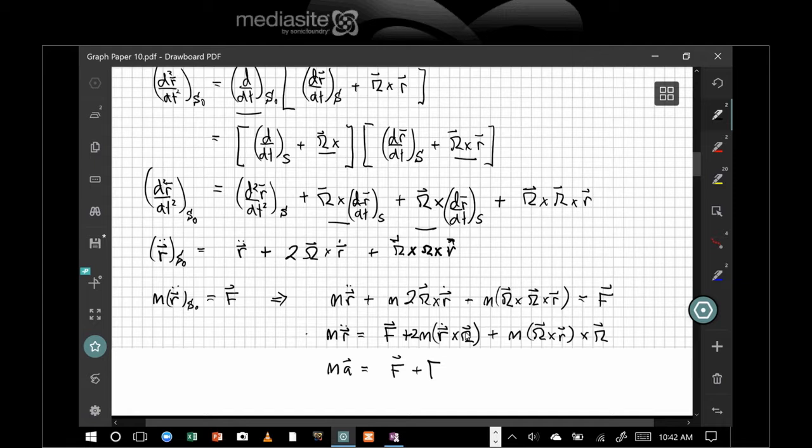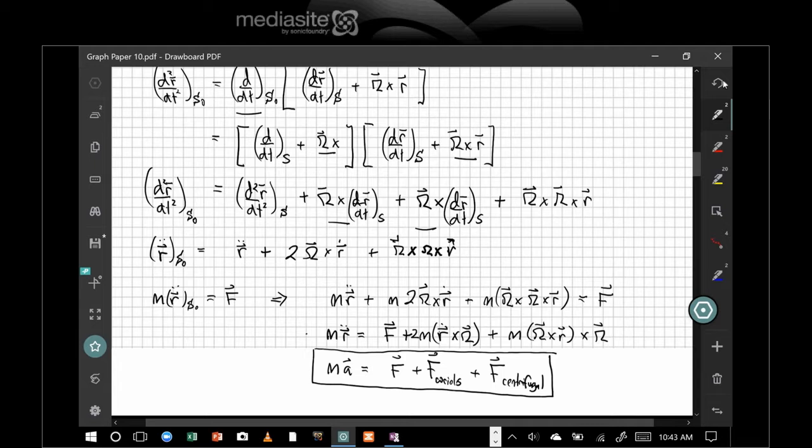So using the term above, I get R double dot, then a bunch of stuff: mass times 2 times that, plus mass times omega cross R. That equals F. So in the end, what I get is mass times acceleration and some other terms equals F.